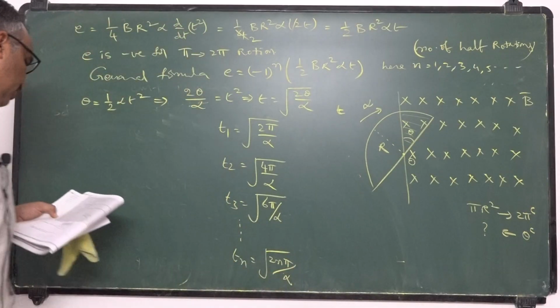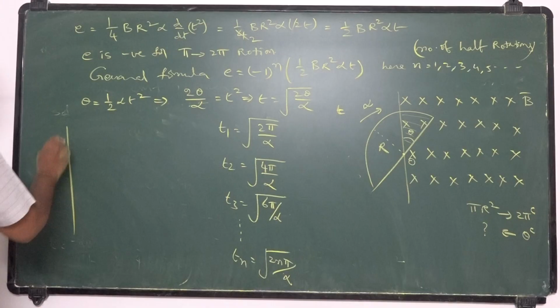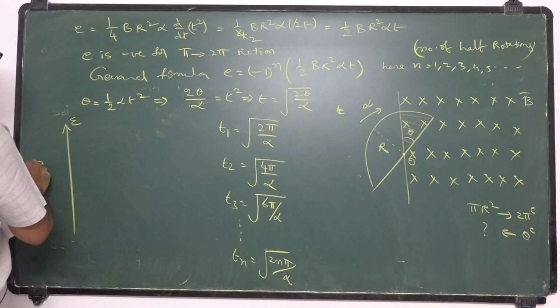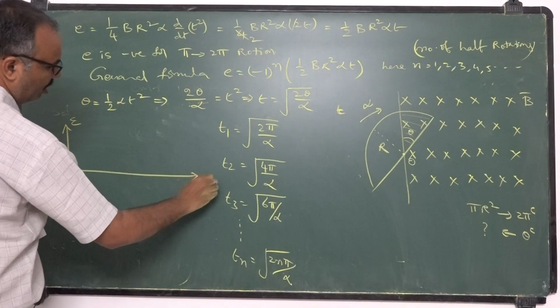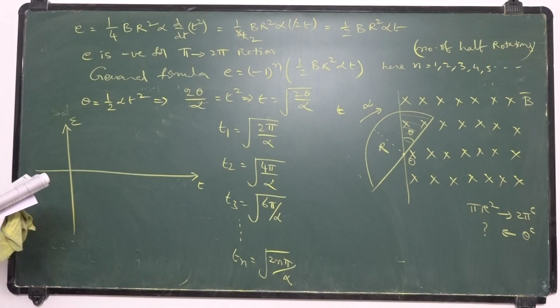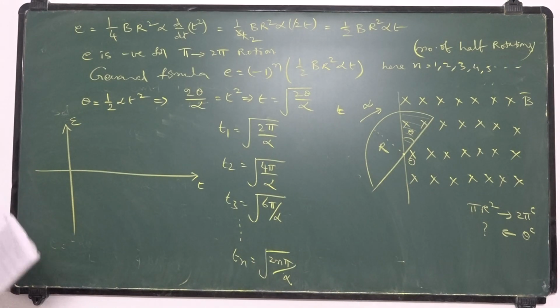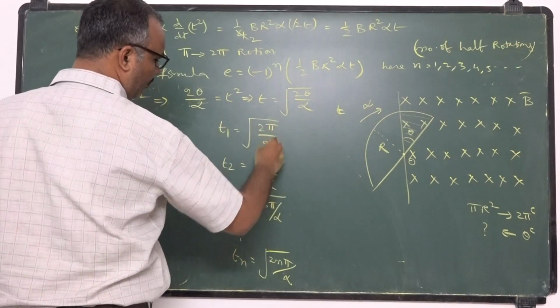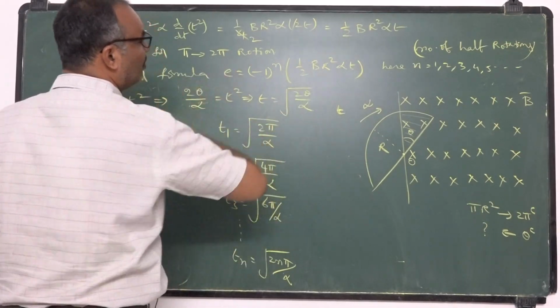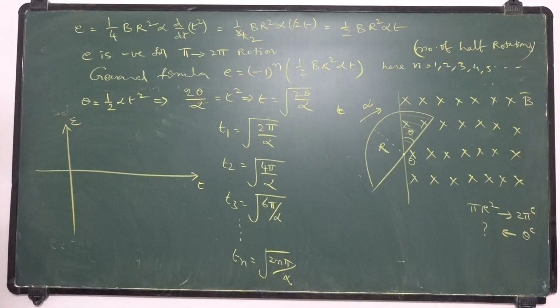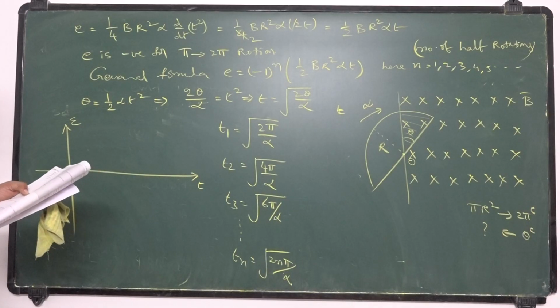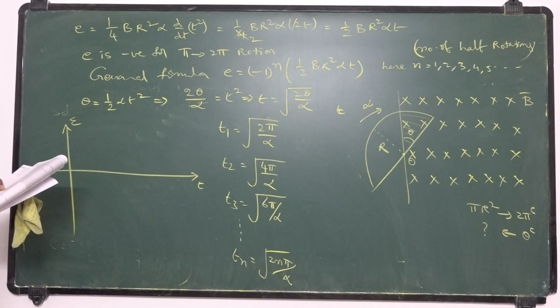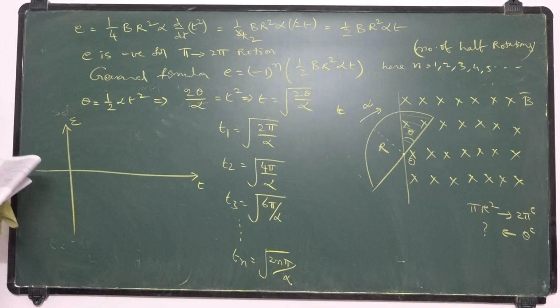The graph between induced EMF and time taken. Induced EMF on y-axis, time taken on x-axis. So as the time is increasing, EMF is also getting increased. So the graph takes like this.